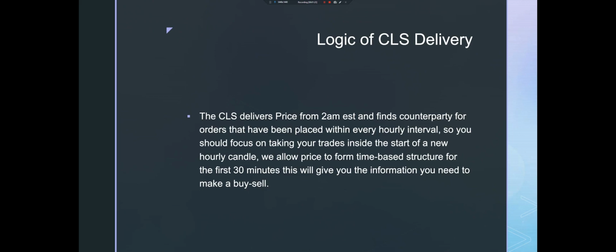We allow price to form time-based structure for the first 30 minutes. Okay, the first 30 minutes. This will give you all the information you need to make a buy or sell. So basically, imagine there is the 90-minute cycle, the second 90-minute cycle of the London session, which is from 4 in the morning to 5:30 in the morning.